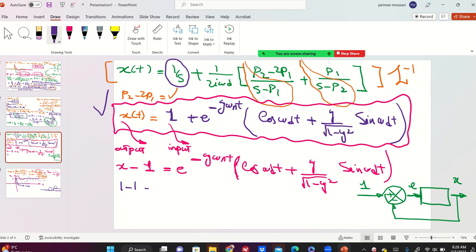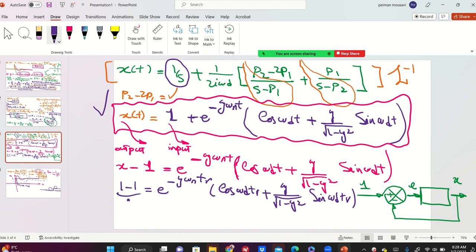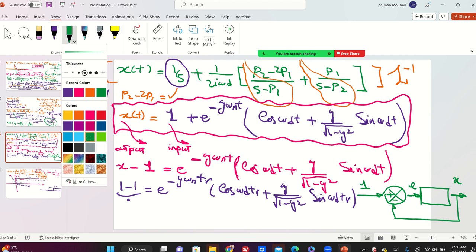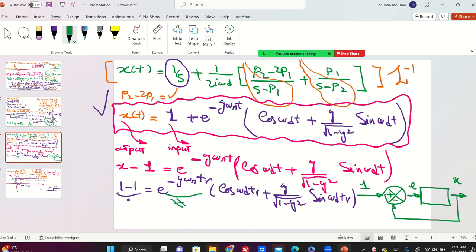1 minus 1 is e to the minus zeta omega n tr at rise time, times cosine omega d tr plus zeta over the square root of 1 minus zeta square times sine omega d tr. This is 0. Obviously, from kindergarten math, the exponential can't be 0, because there's a time here.